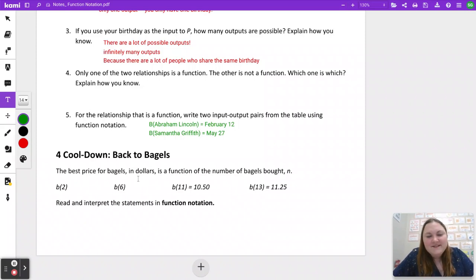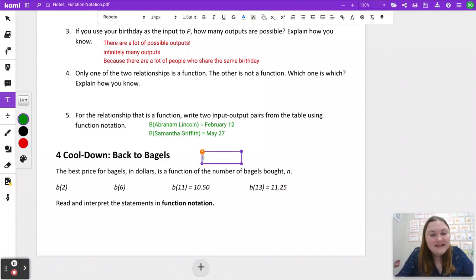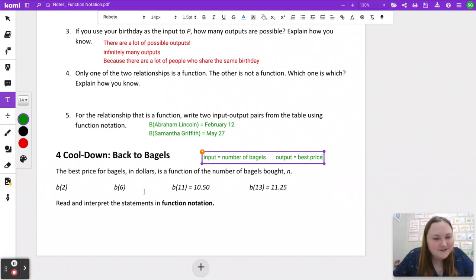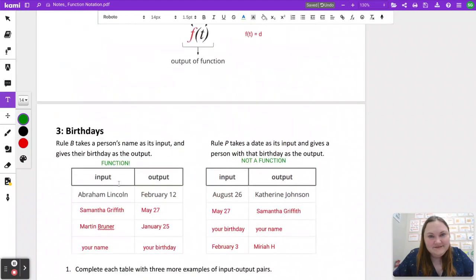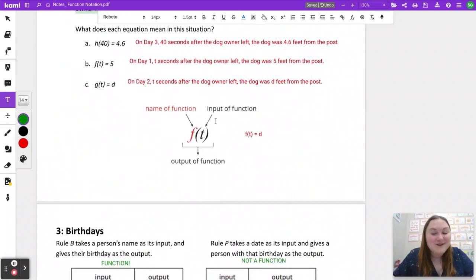All right. So thinking about the scenario from yesterday, one of the things we had identified yesterday was the input in this scenario was the number of bagels that you purchased, and then the output was that best price for all those bagels you purchased. Knowing that's important because for these first two, I know whatever's in my parentheses is going to be my input.